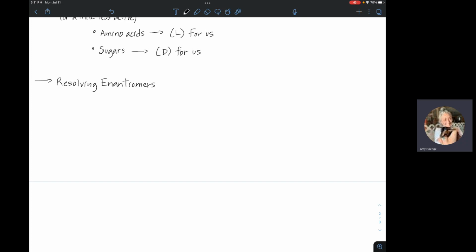We'll just keep it generic and say that we're going to chemically convert a pair of enantiomers, a couple, I should say, to two pairs of diastereomers, which have different physical properties, and you can separate those.